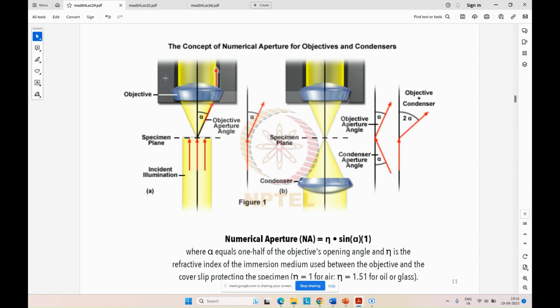You don't want extra light on the sides. So you use a condenser, which has different apertures. Depending on the size of your specimen, you can control the size of the condenser aperture, and this helps you get a clearer picture.